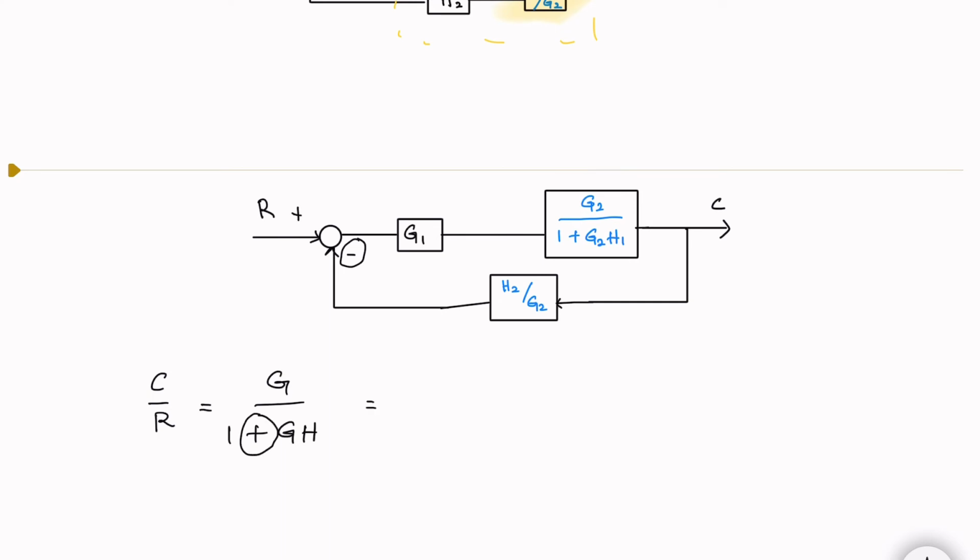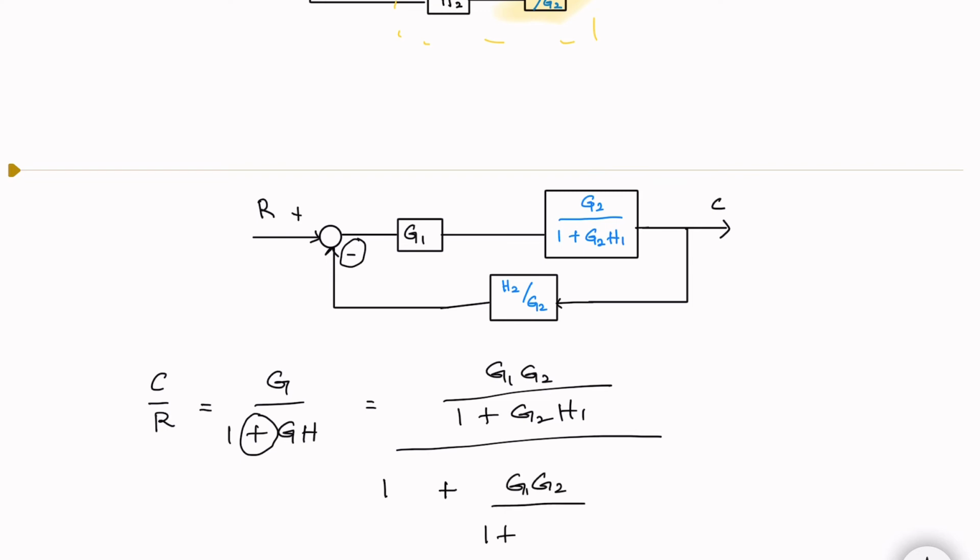So we can write that G is G1G2 over 1 plus G2H1, divided by 1 plus G, which is G1G2 over 1 plus G2H1, multiplied with H, which is H2 over G2. So here we can cancel G2 and G2. Then we multiply this with 1 here.